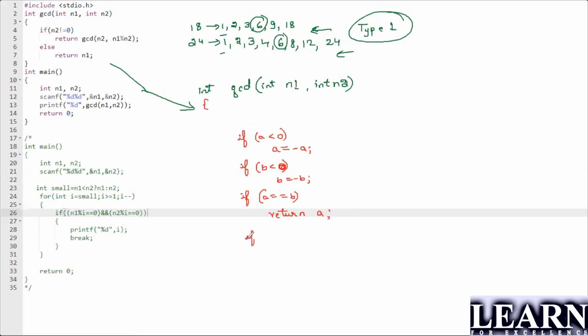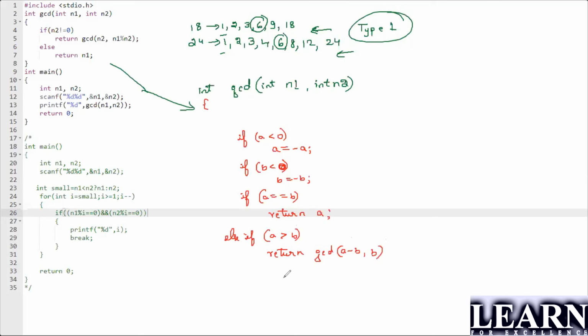Now, if a is greater than b, when it is greater, I need to return the GCD of a minus b comma b, because you have to subtract b from it.